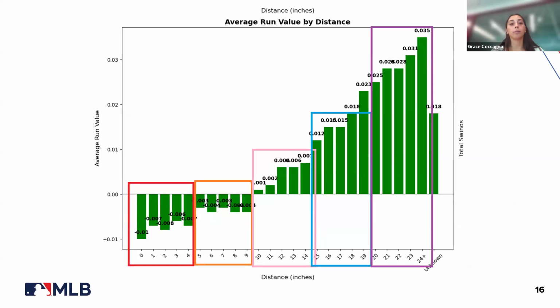Further confirming that and helping to identify where we want that threshold to be, we can look at the average run value by the distance of the threshold at the recognition point. The run value is, does this pitch help or hurt the pitcher? It's the estimated number of runs a pitcher is preventing or allowing. From a pitcher's perspective, we want this value to be the most negative.